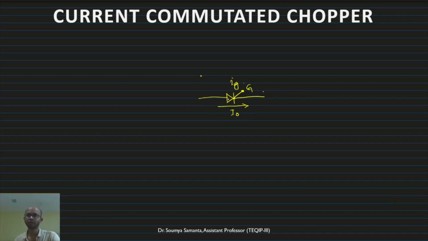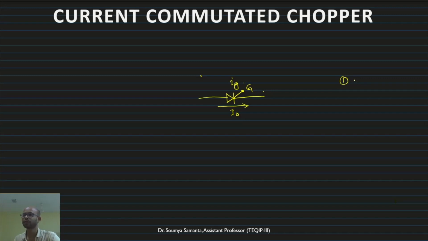Once the thyristor is conducting, it loses its control over the gate. In order to turn it off, if the natural current zero position is not available, we have to go for force commutation.